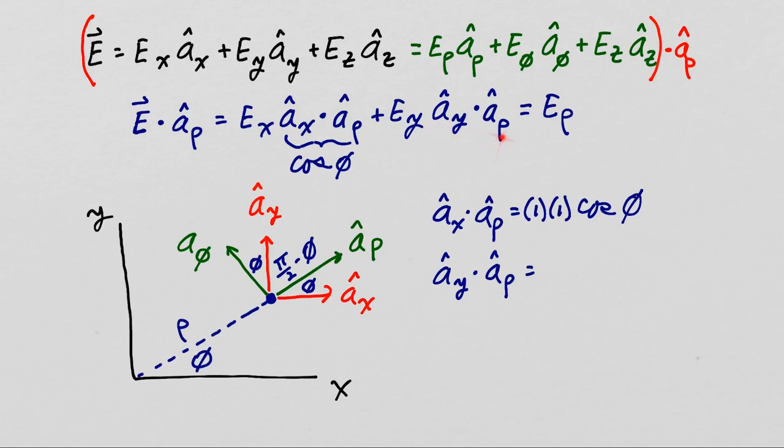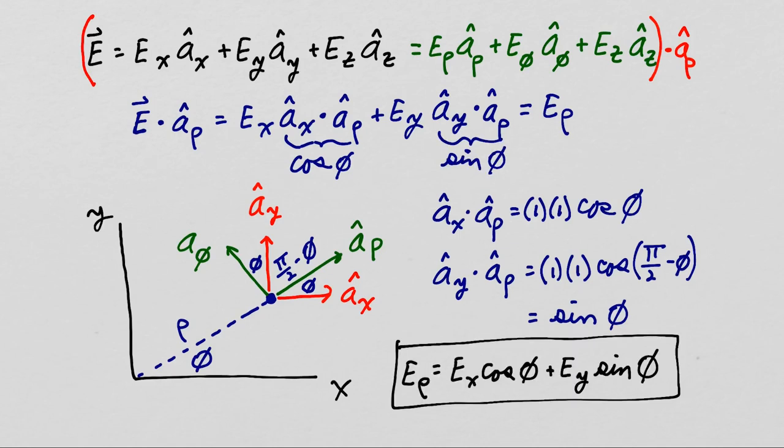To find ay dot a rho, we look at this figure, and we get ay dot a rho is equal to cosine of pi over 2 minus phi, which is the same as sine of phi. So to find the e sub rho component, it's ex cosine of phi plus ey sine of phi.